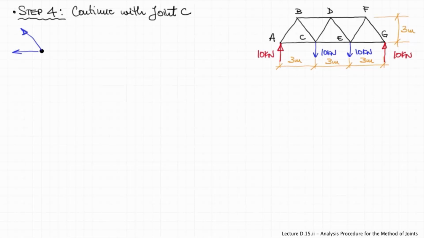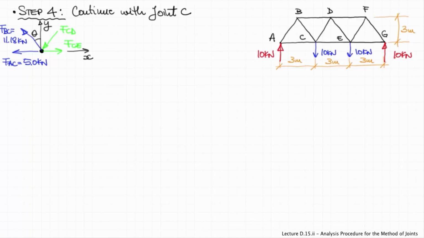Same procedure. We draw the free body diagram of joint C. The forces in blue are the ones that we know now, FBC and FAC, both of them in tension, pulling away from the joint. I'm assuming that FCD will be a compressive force and FCE a tension force.